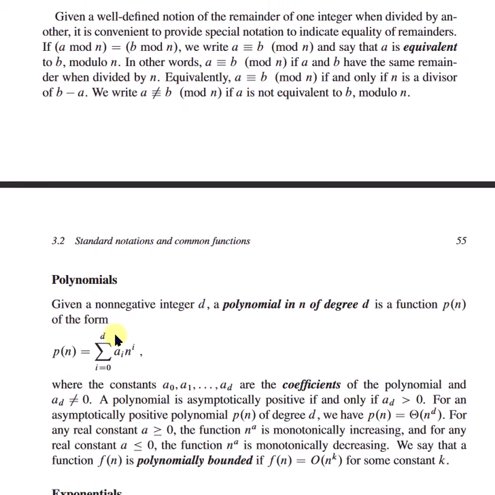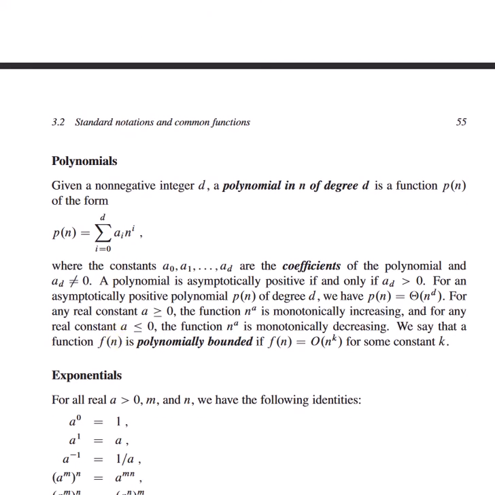Now, polynomials: given a non-negative integer d, a polynomial in n of degree d is a function, where i equals 0 to d, a of i times n to the power i, summed from n to the power d till n to the power 0, where the a's are the coefficients of the polynomial and a of d is not equal to 0. Okay, in a polynomial, the highest degree coefficient shouldn't be 0. The remaining can be 0.